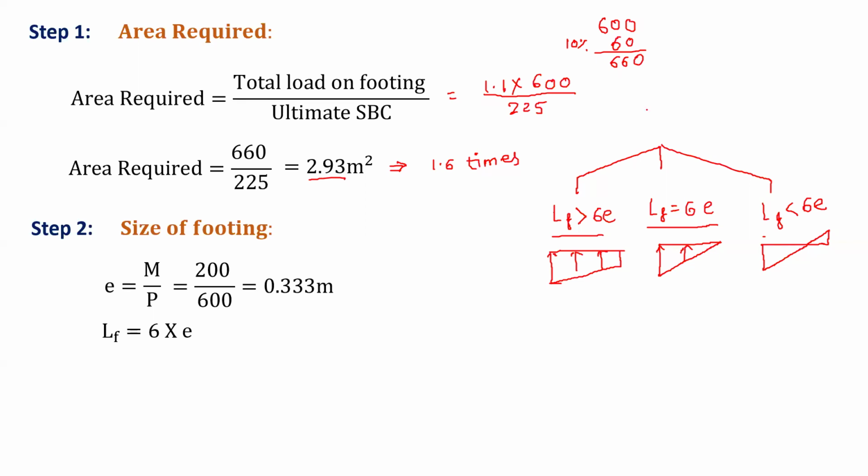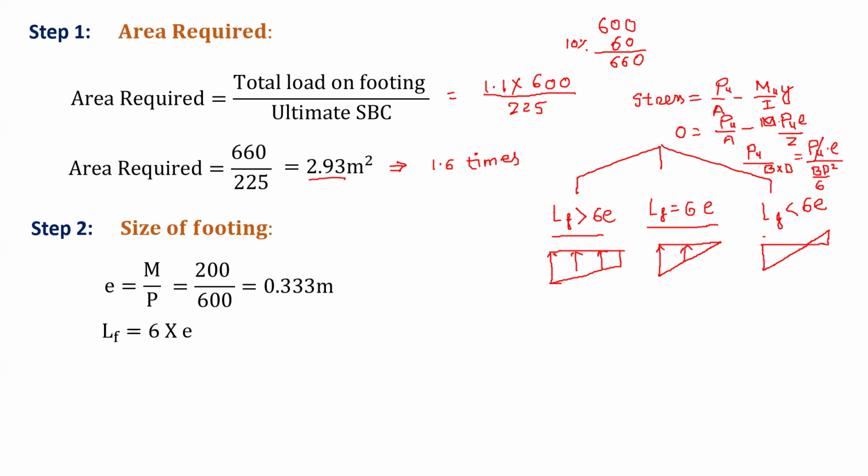Now, where do these values come from? We have stress equal to P by A. If you remember combined loading in mechanics of solids, we have P by A minus M by I into y, and I by y is considered as Z. So we have P by A, and M will be written as Pu into e upon Z. Now if I set this value equal to 0, then Pu upon B into D equals Pu into e upon B D square by 6.